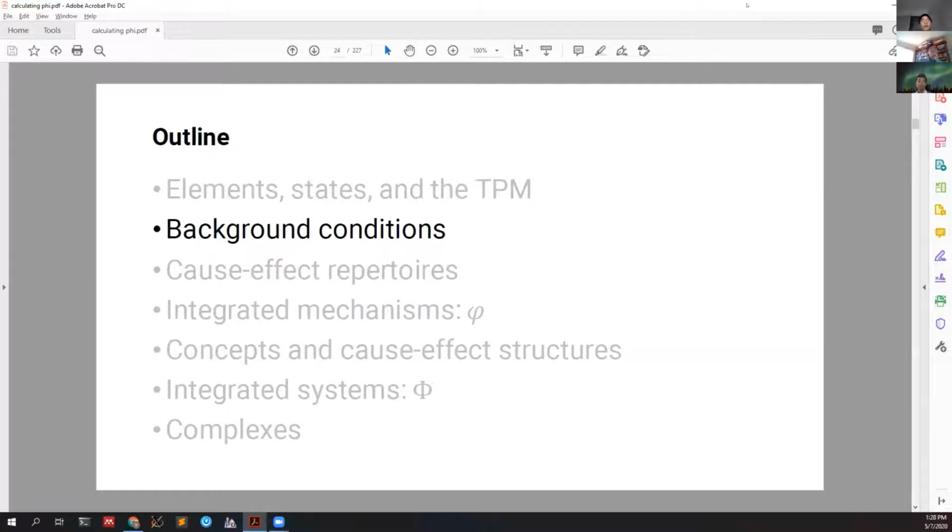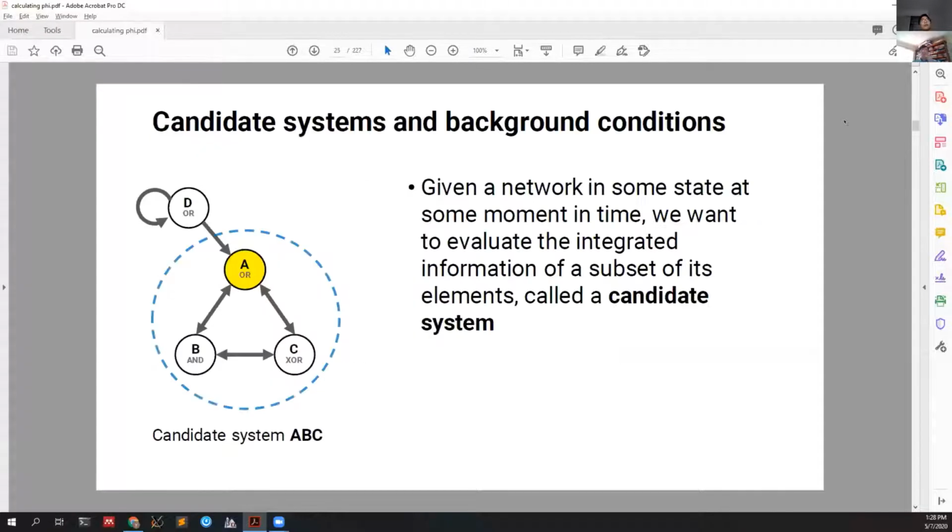Okay. So in the next section, I will explain how we can focus on a part of a network and how we can get the TPM corresponding to the part. So why do we need this? Because IIT says that the most integrated part of a network or system can contribute to consciousness.